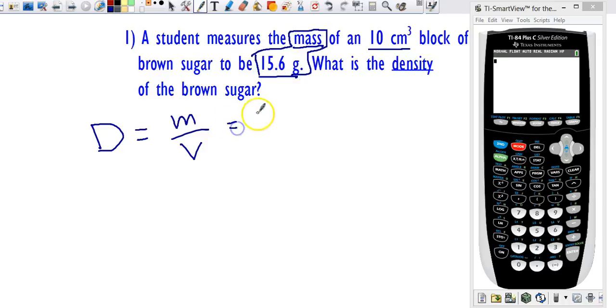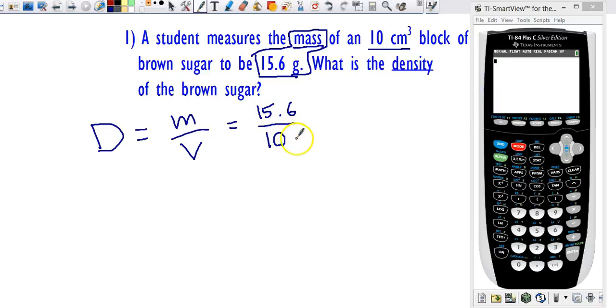So we're going to substitute 15.6 in for the mass. And the volume is 10 centimeters cubed. You can write the units right over here, but at the end we'll just put the unit in as we circle our final answer. So this is a basic problem. This is just division, and of course, you're welcome to use your calculator.